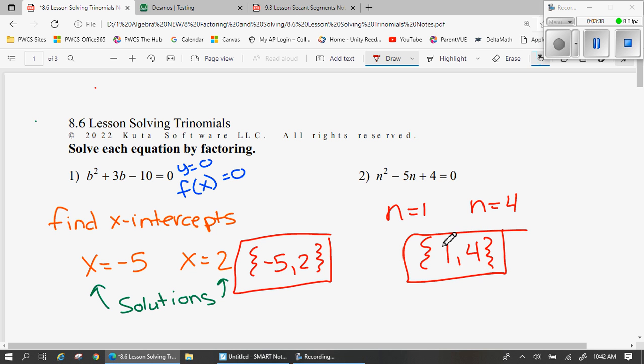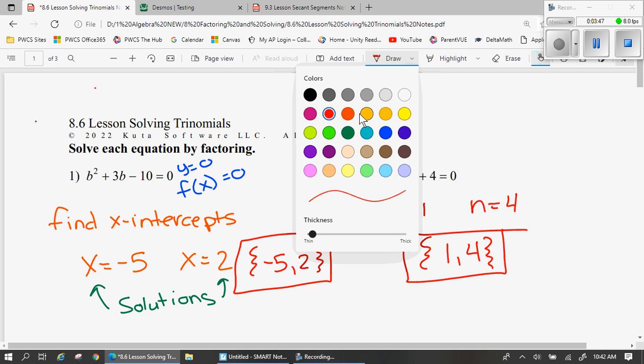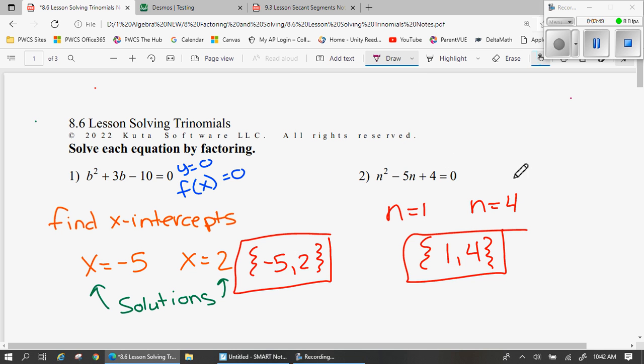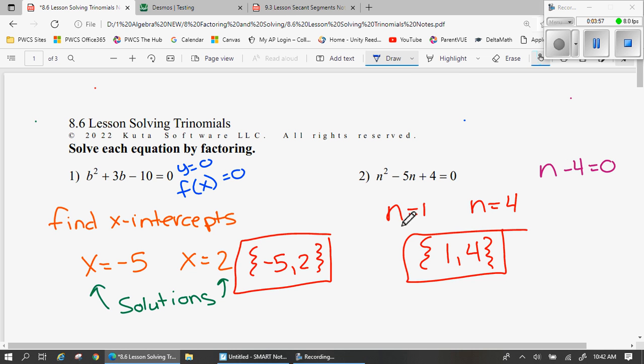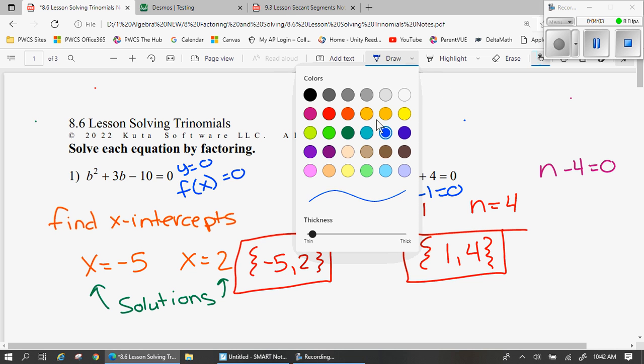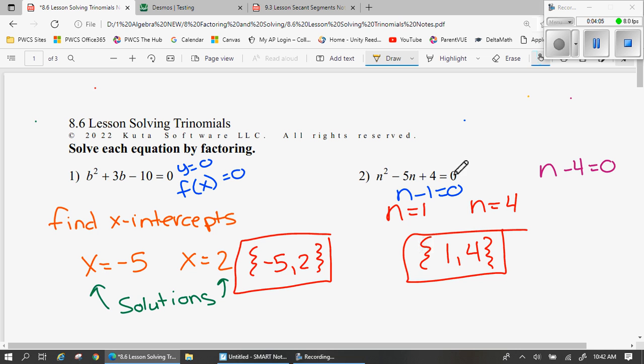So you can see, I think, hopefully, that the solutions are really closely related to the factors. So when we manipulated these to find the factors, we would move the 4 over, and I would get n minus 4 equals 0. And I would move the 1 over, and I get n minus 1 equals 0. It should come as no surprise that I have a 0 on the right side of all these.